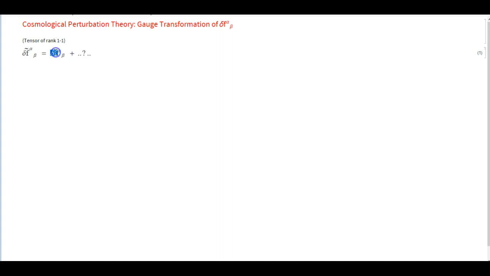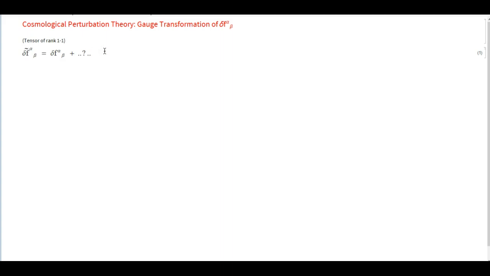So a perturbation without caret is in gauge 1, and the one with tilde on top is in gauge 2. We want to see how delta F alpha beta, a tensor of rank 1, 1 in gauge 1, is related to delta F alpha beta, a tensor of rank 1, 1 in gauge 2.